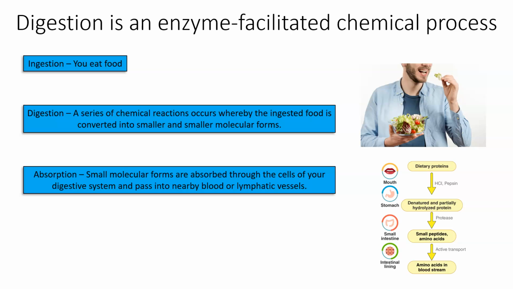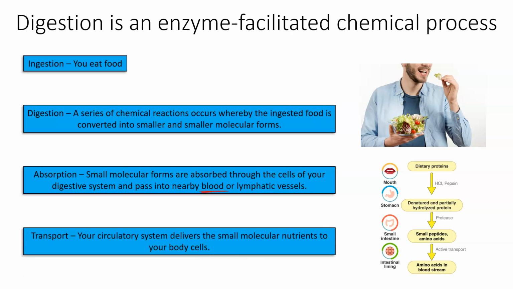A lot of times we use the nearby blood supply, or the circulatory system, to send the molecular forms, those monomers, that nutrition, to all of the tissue cells. And then finally, transport, using the circulatory system, delivers the small molecular nutrients to our body cells, and that's where the assimilation and the true use of those molecules happens.